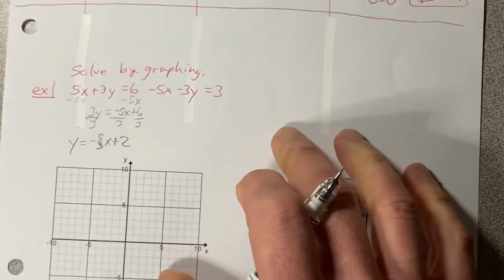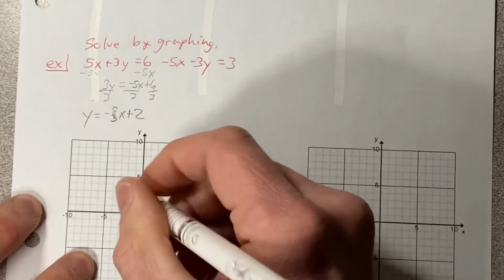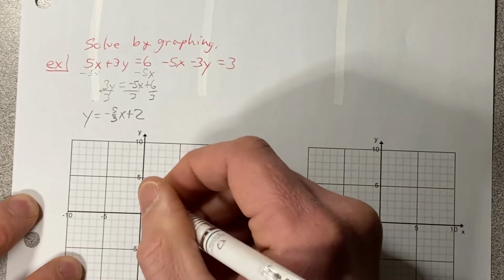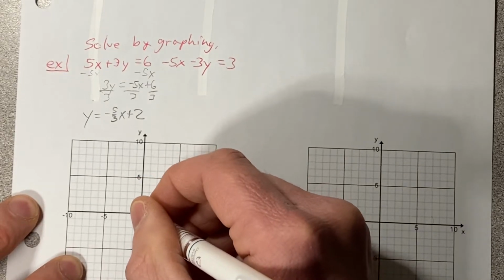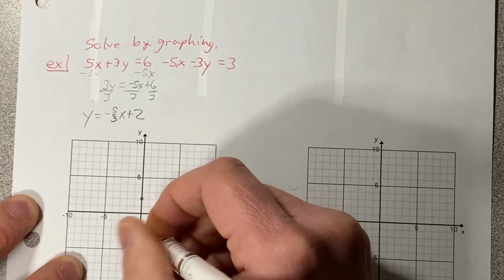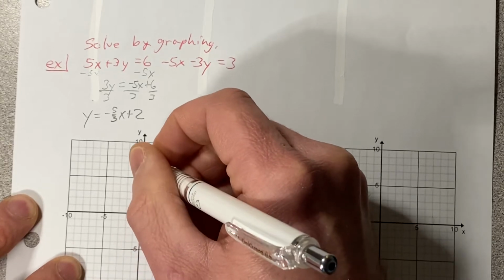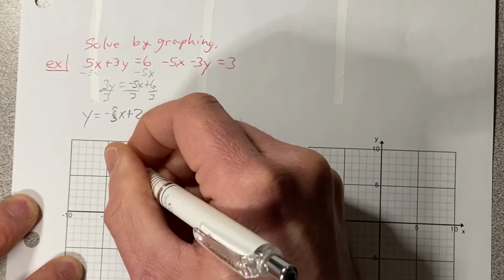And go ahead and graph that. If you've got a straight edge handy, it's a good idea to use that. Down 5/3. You can back it up. Up 5, back 3.